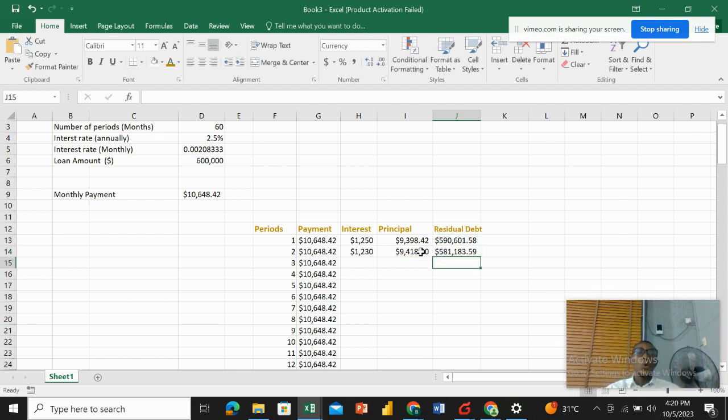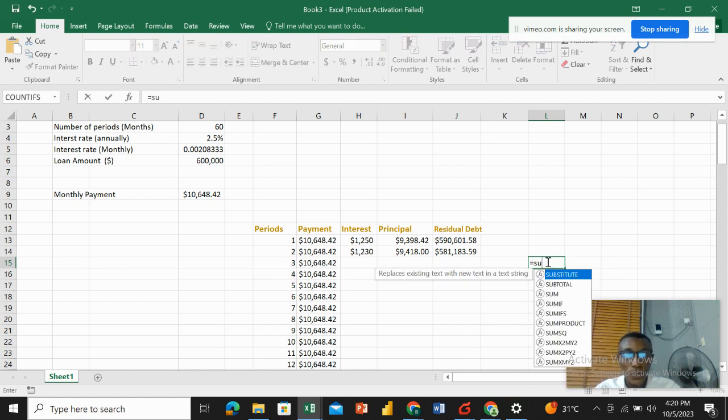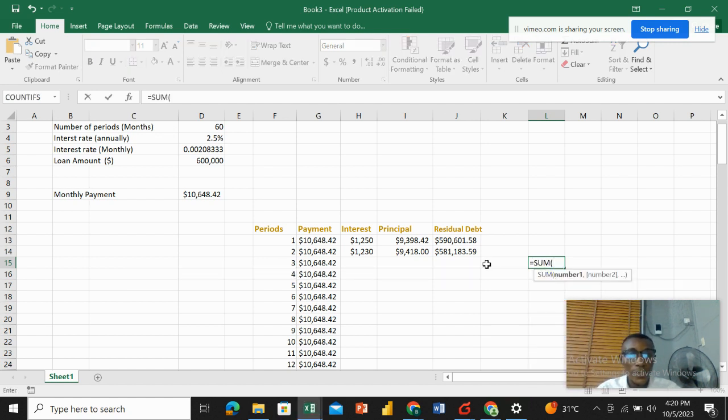So that is that. To confirm if we're on the right track, let us sum this up. This is our residual debt for the second month, so let us add it up with our principal. We should be able to arrive at our amount. This is outside of our interest.